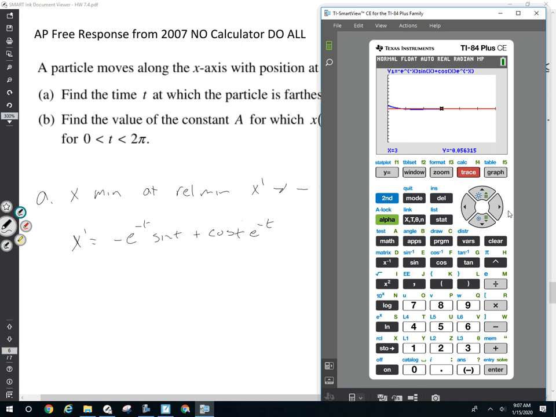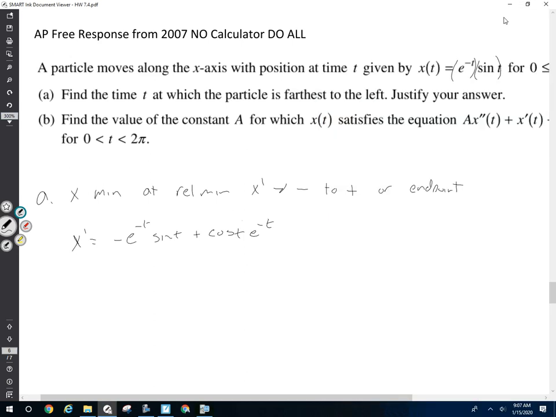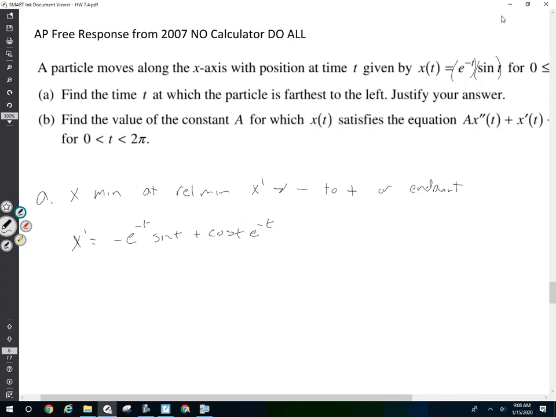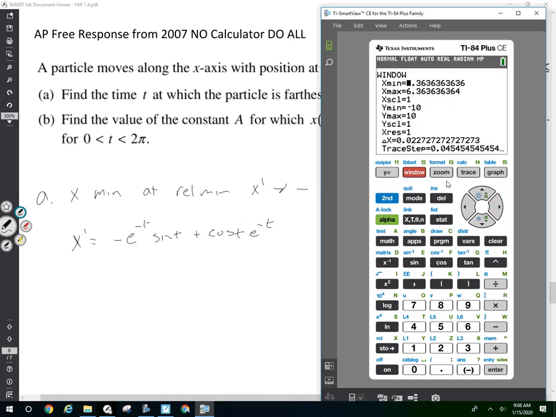All right, now let's look at the values here. Looks like the values are positive and then negative, and it looks like they stay negative and approach 0. They never actually get to 0, and that should make sense. I could set this equal to 0, factor out and solve, but I don't really want to do that right now.